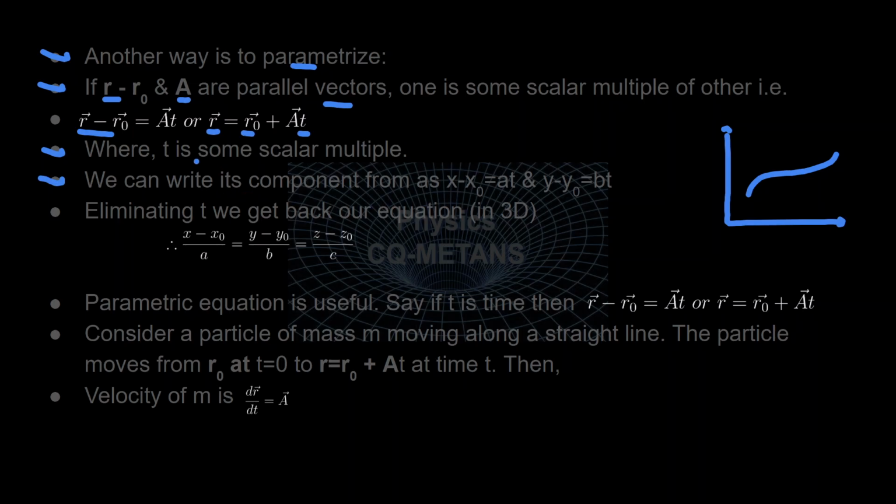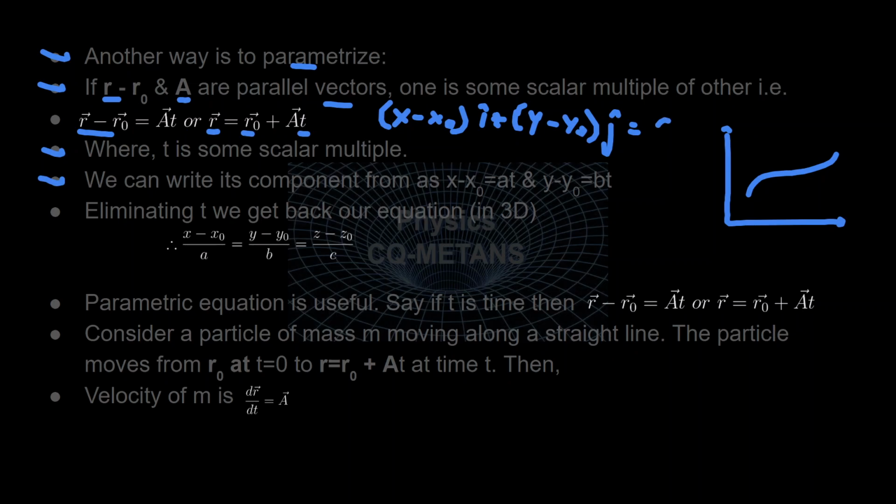Now the components are proportional. If I take the components, r minus r naught can be written as x minus x naught i cap plus y minus y naught j cap, which equals at.